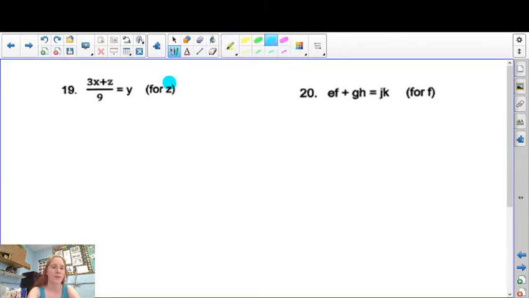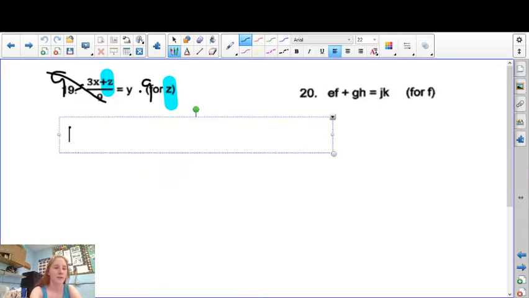Next, we're going to look for Z, and Z is up here in my addition, and it's in my numerator. So, just like the last 2 problems, we're going to undo my division with multiplication. We're going to multiply by what's on the bottom. So multiply both sides by 9.